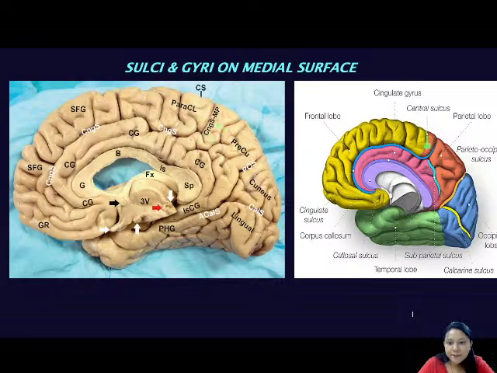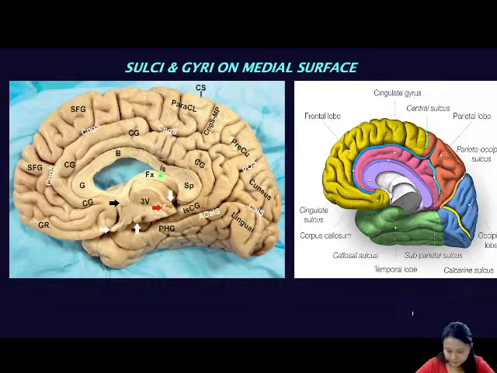Then the area just in front of the parieto-occipital sulcus is known as the precuneus. The area behind the parieto-occipital sulcus is the cuneus. Then you will get a calcarine sulcus, and the area behind the calcarine sulcus is known as the lingual gyrus. So these are the sulci and gyri present on the medial surface.